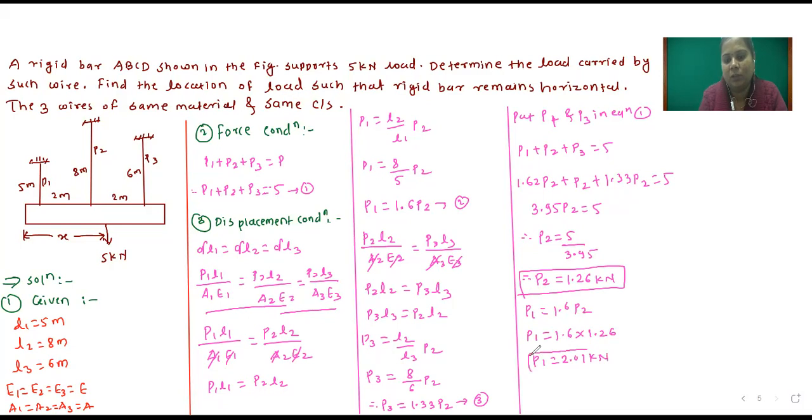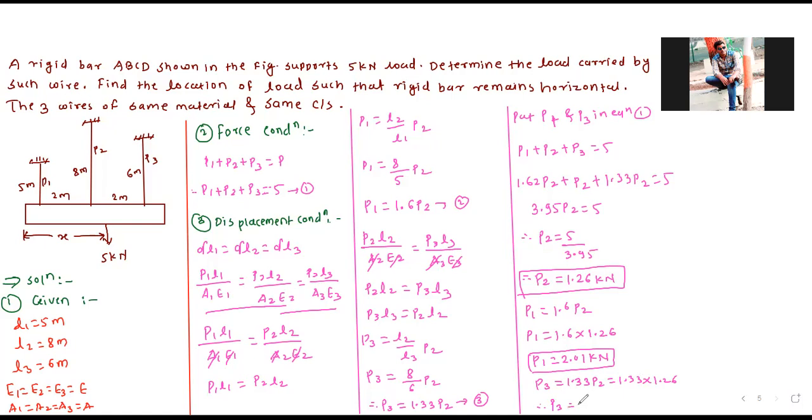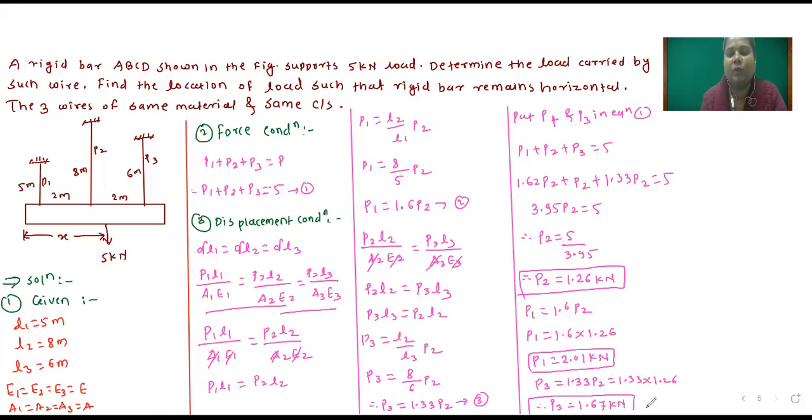Then P3 is equal to 1.33 P2, which is 1.33 into 1.26. Therefore P3 is equal to 1.67 kilonewton. So these are the loads taken by rods 1, 2 and 3.